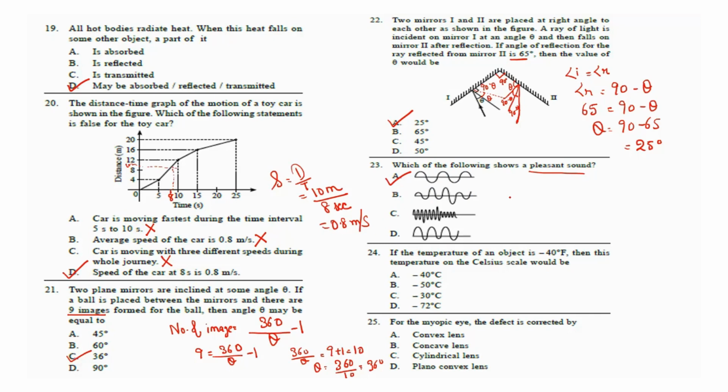Coming to question number 24. If the temperature of an object is minus 40 degrees Fahrenheit, then this temperature on the Celsius scale would be. So, we know the formula for conversion of degree Fahrenheit to degree centigrade.